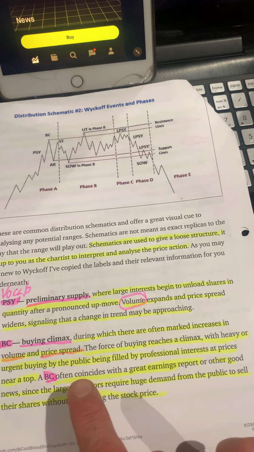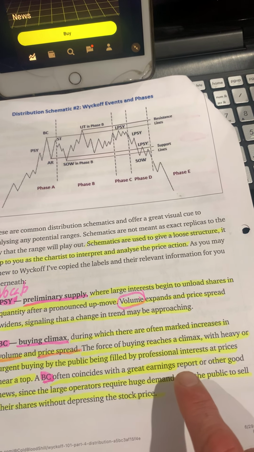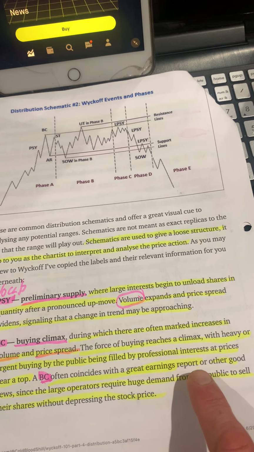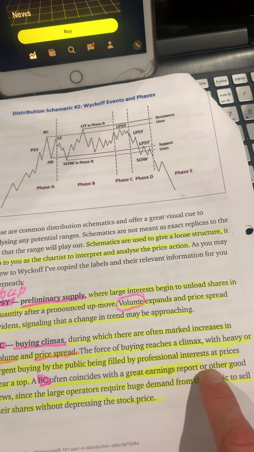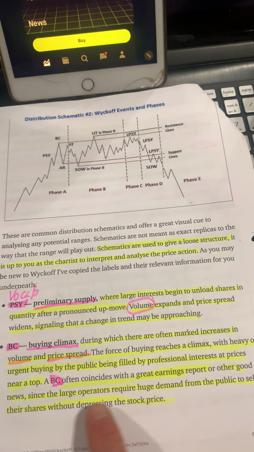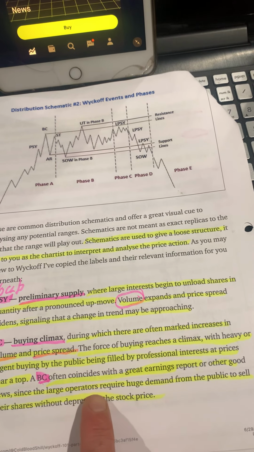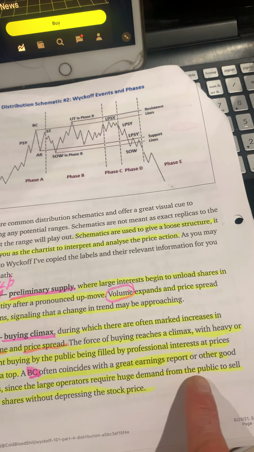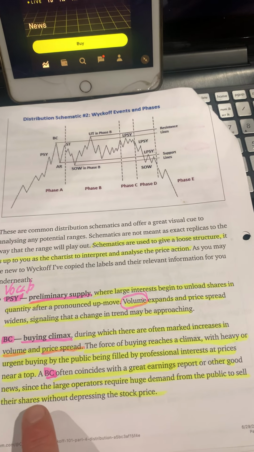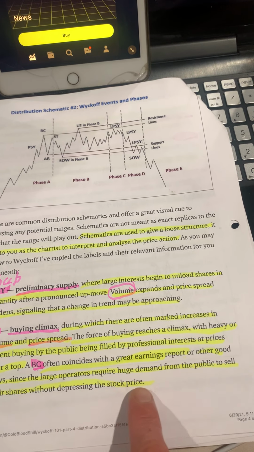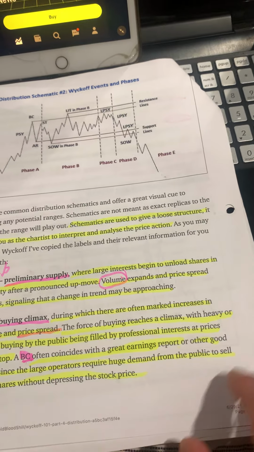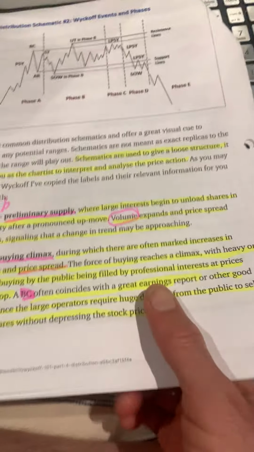A BC often coincides with a great earnings report, which happened today, I think, with Tesla. I'm not sure, I gotta double check. And other good news. That's so vague. Since large operators require huge demand from the public to sell their shares without depressing the stock price, that's a difficult task to do. For sure.